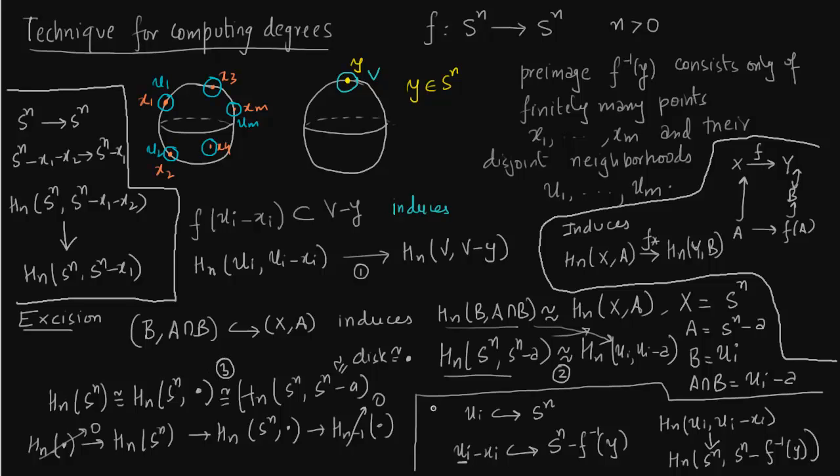We are just labeling these maps because we are going to use this again. So just notice the labels 1, 2, 3, 4 and 5. That is pretty much it.